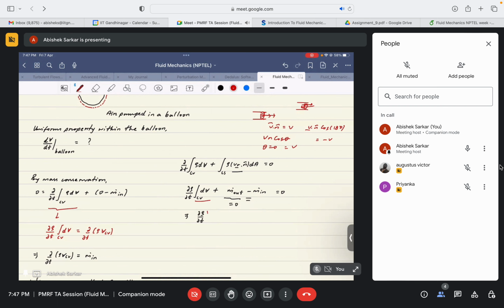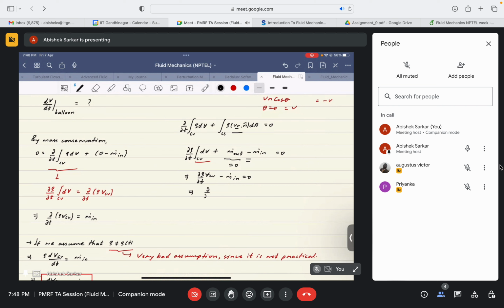So we can write it as rho V_CV minus m dot in is equal to 0. So we can write del by del t of rho V_CV is equal to m dot in. This is a correct step of the solution that we can obtain.